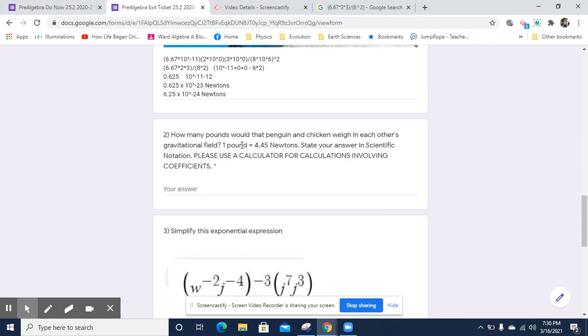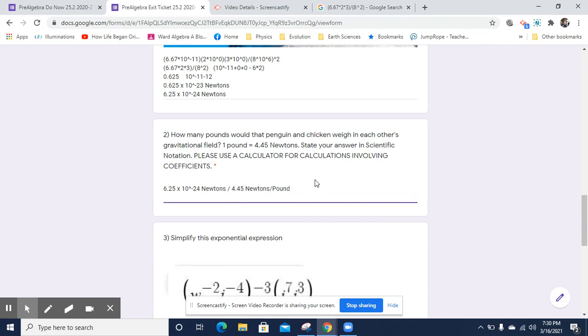To get newtons into pounds, we divide by 4.45 newtons per pound. So this many newtons divided by 4.45 newtons per pound. Since newtons is in a numerator and a denominator, they will cancel out. Since it's 1 over pounds in a denominator, that comes up to the numerator. So we just need to work out 6.25 divided by 4.45, times 10 to the negative 24th pounds.